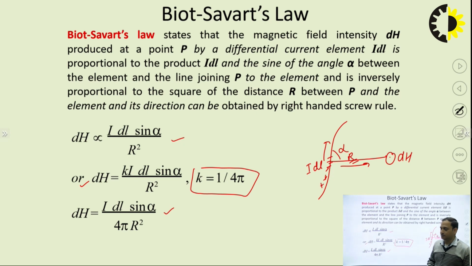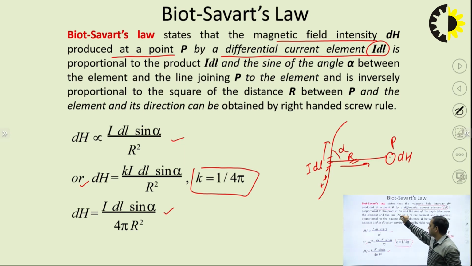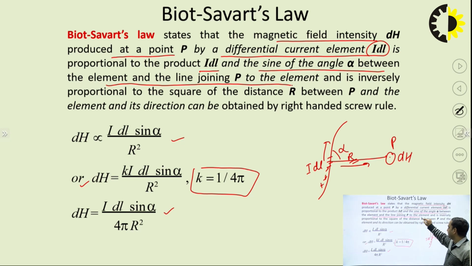In the statement we can go through. Biot-Savart's law states that the magnetic field intensity DH produced at a point P, so this is the point P, by a differential current element, so I dl is the differential current element, is proportional to the product I dl and the sine of the angle alpha between the element and the line joining P to the element.